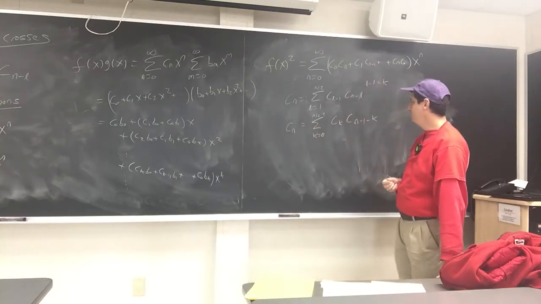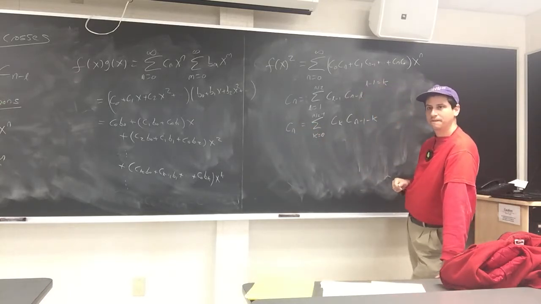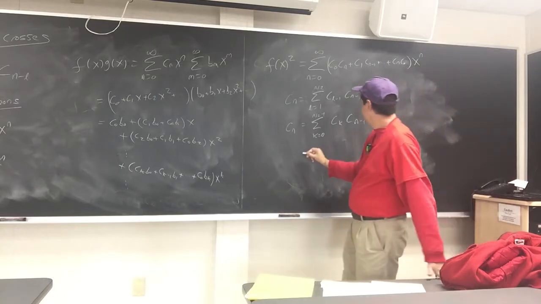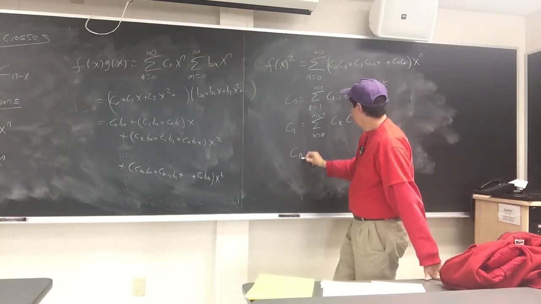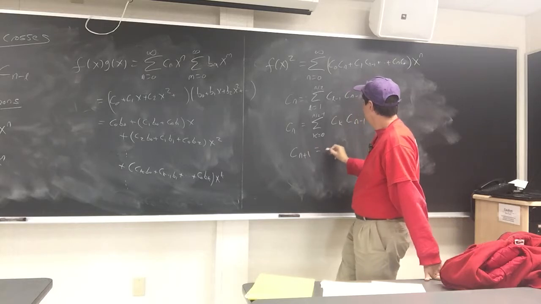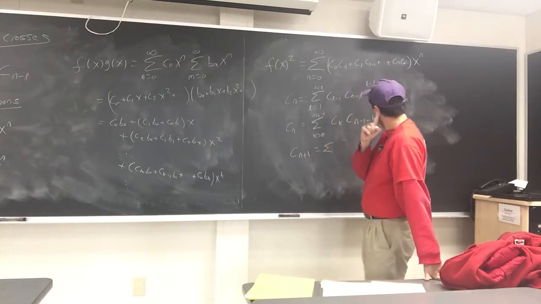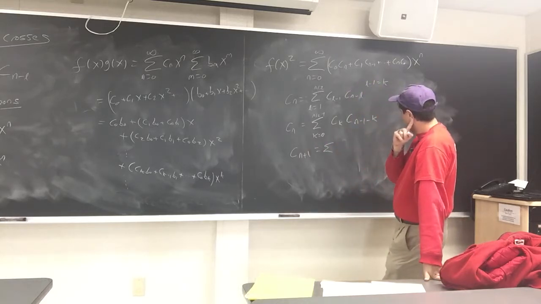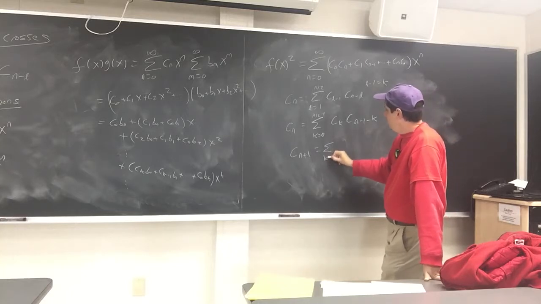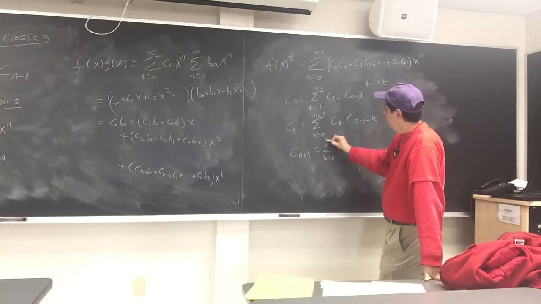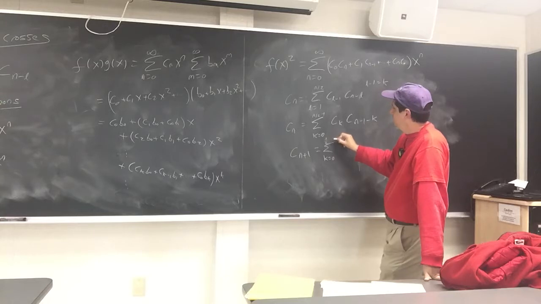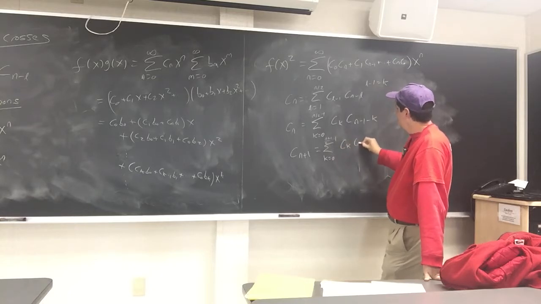So Cn is this sum. Or another way of saying this is Cn plus 1 is the sum of k goes from 0 to n, I guess maybe n plus 1 minus 1, of ck Cn minus k.